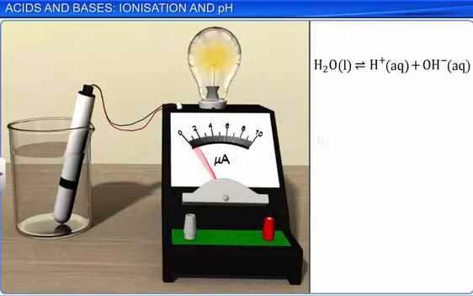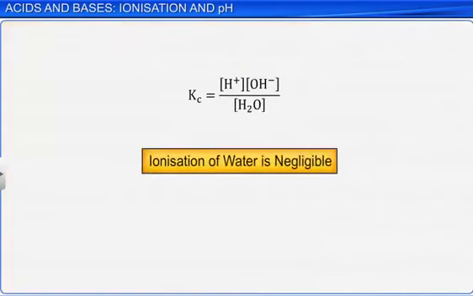The equilibrium constant Kc for this equilibrium can be written as Kc is equal to the product of the concentration of H+ ions and the concentration of OH- ions divided by the concentration of H2O. Since the ionization of water is negligible, the concentration of water can be taken as constant.